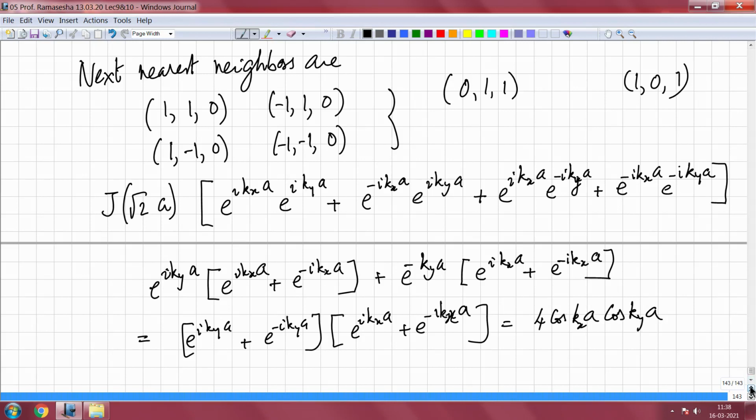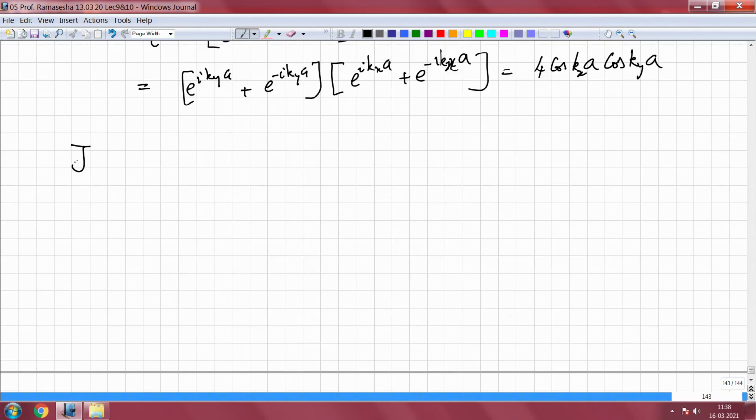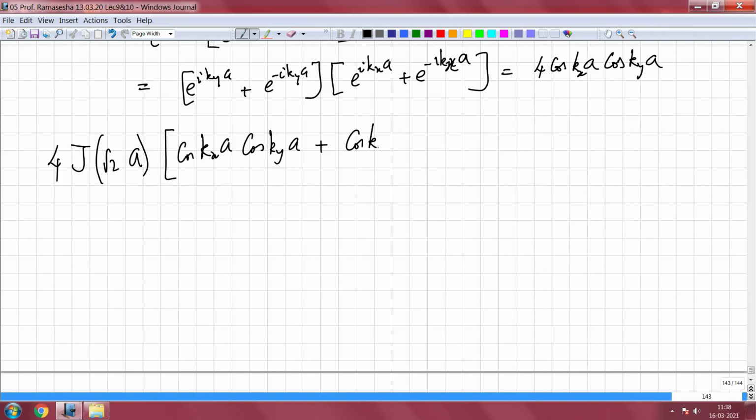So this contribution is going to be like the following. This contribution will be J times square root of 2 times a into 4 times that, cosine kx a cosine ky a plus cosine ky a cosine kz a plus cosine kz a cosine kx a.